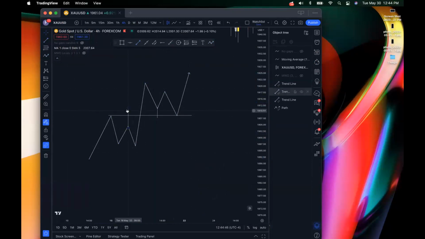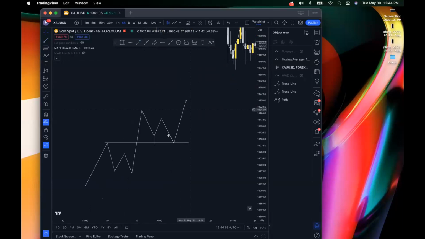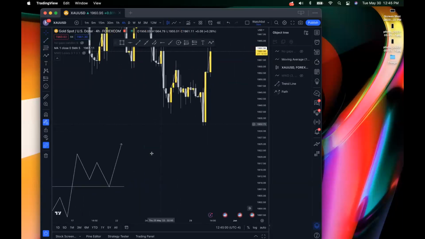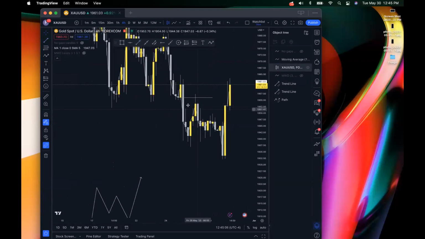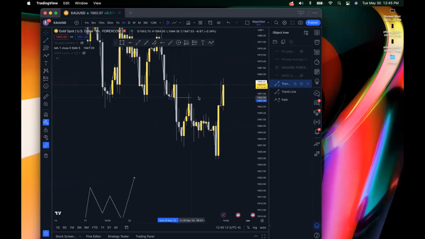Or a miss comes in, there's a miss here, but then it breaks out and then it tests here. The general rule of thumb is that if these both are fresh and you mark this out, that's great. That's what you want to look for. If you see something like this, you should still consider this a valid breakout level, right? This is a breakout, regardless of whatever you want to call it.